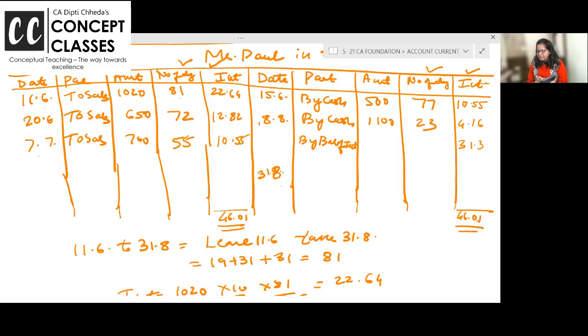46.01. Correct? 22.64 plus 12.82 plus 10.55 is 46.01. Minus 10.55 minus 4.16 is 31.3. Yeah, rounding off differences coming.